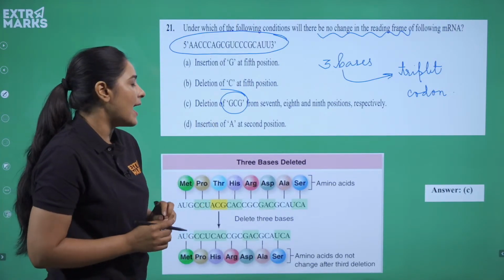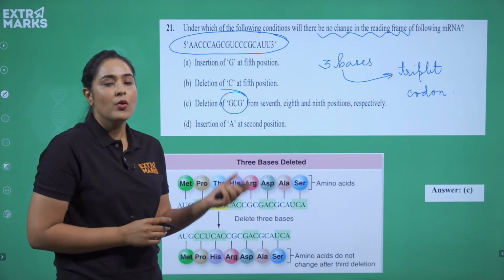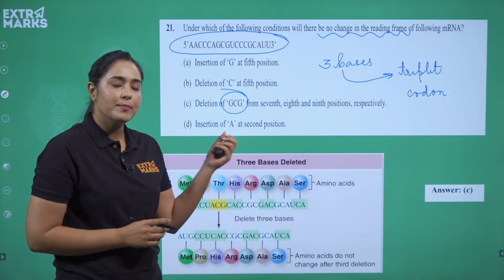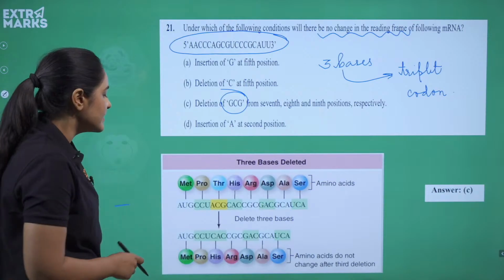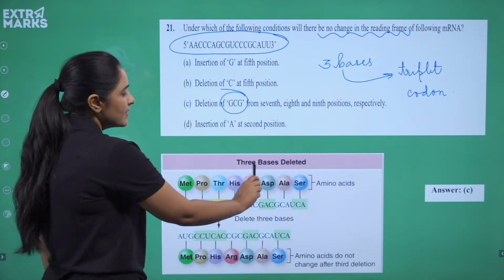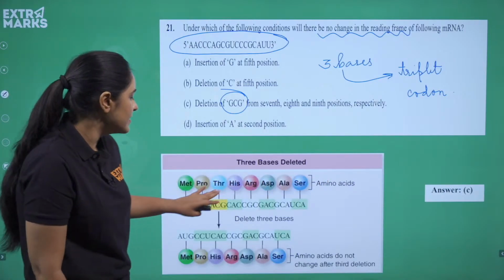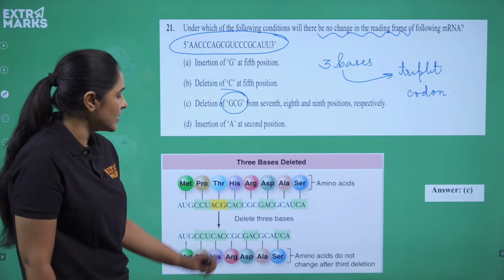Insertion of A at second position. Whenever we are adding or deleting one or more, less than 3, so obviously we will be having the shift in the reading frame here. So we are having this example also. See here, if 3 bases are deleted, we are having these amino acids and this is the sequence here. And this is the sequence here.